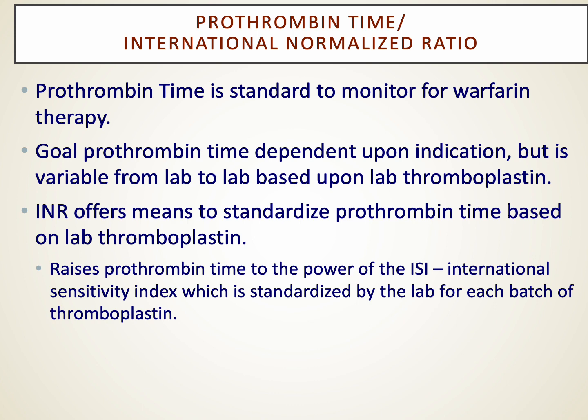But the problem is that you could have the same blood sample from one patient, draw it in 5 different test tubes, send it to 5 different labs, and you would get a different prothrombin time depending on what reagents that lab used to do the test. And so by standardizing to the thromboplastin that the lab uses, we can then get a more meaningful number called the INR. An INR from lab A with the same sample should equal the same INR in labs B, C, and D. So it really is just a way to standardize an old test, that's all.